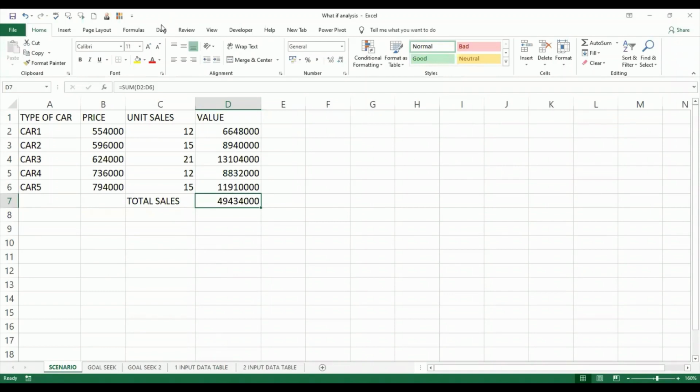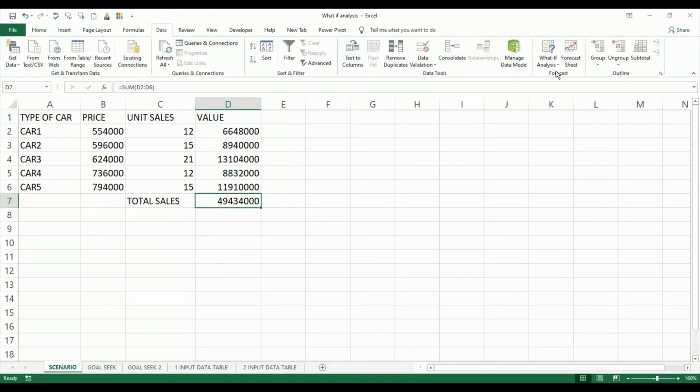So under data in Excel, we have got something known as what if analysis. Under what if analysis, we have got three options: scenario manager, goal seek, data table.